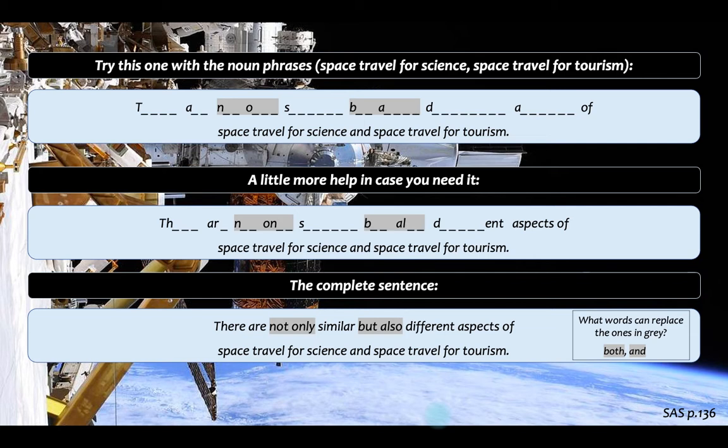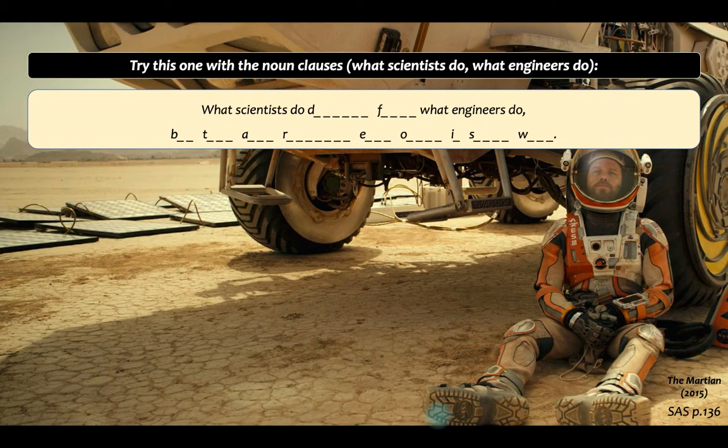All right, let's look at one more. This one, we're using noun clauses, what scientists do and what engineers do. And I thought this scene from this movie was a good example for that. And we have a slightly different sentence structure here.